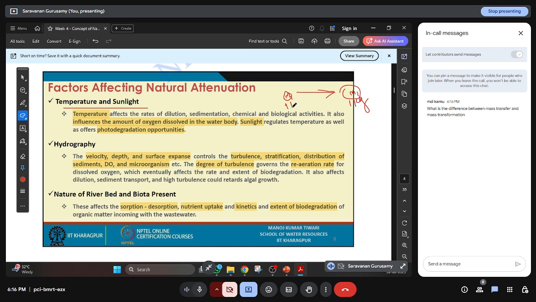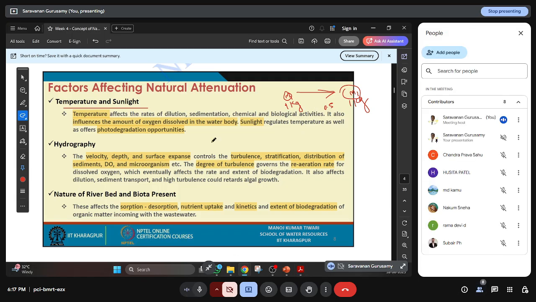But if 1 kg of waste is degraded to 0.5 kg of waste, then there is a transformation. There is a reduction or increase in the mass, and that's called transformation. Transfer is a movement, a transportation, from one place to another. Change in its property is called transformation. Hope you are clear with mass transfer and transportation.